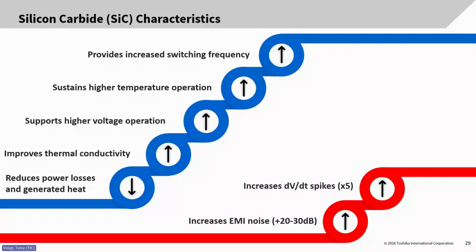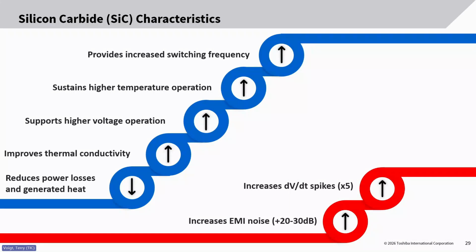It has very high switching frequency, better temperature regulation, it can get a lot hotter basically, it can support much higher voltages, and the overall power loss is less on a percentage basis. So there are a lot of good things with silicon carbide transistors.